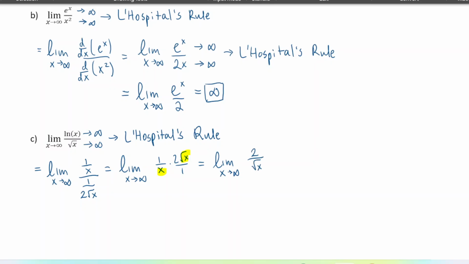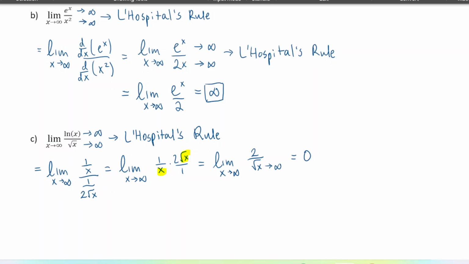Okay, so finally, now that it's in a nicer format, I can look at what's happening to this function as x approaches infinity. So the numerator here is not going to grow, it's just going to be 2, but in the denominator, we're going to be approaching infinity. So when we are dividing by larger and larger values, my function overall is going to be approaching 0. So this is equal to 0.